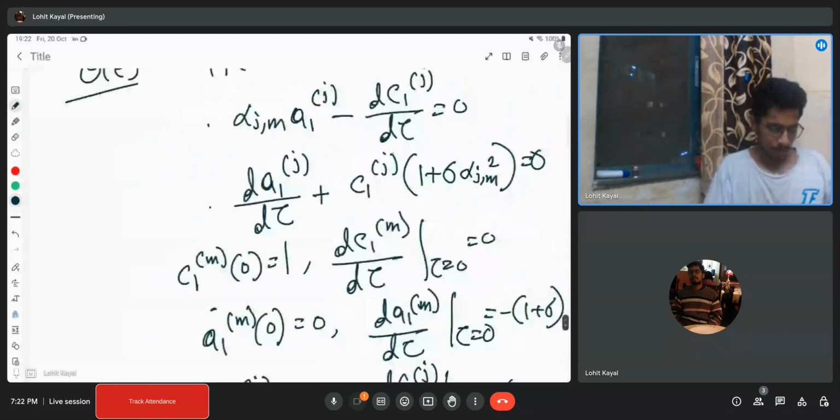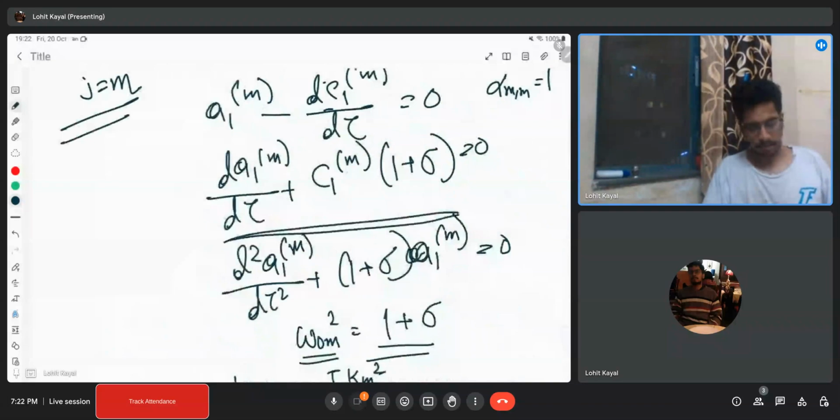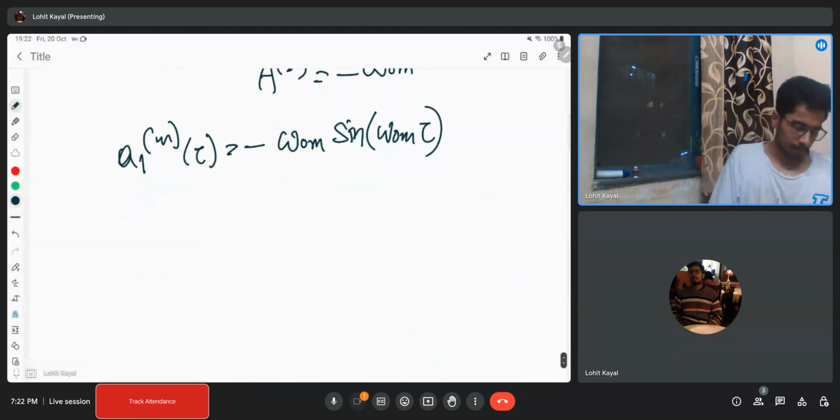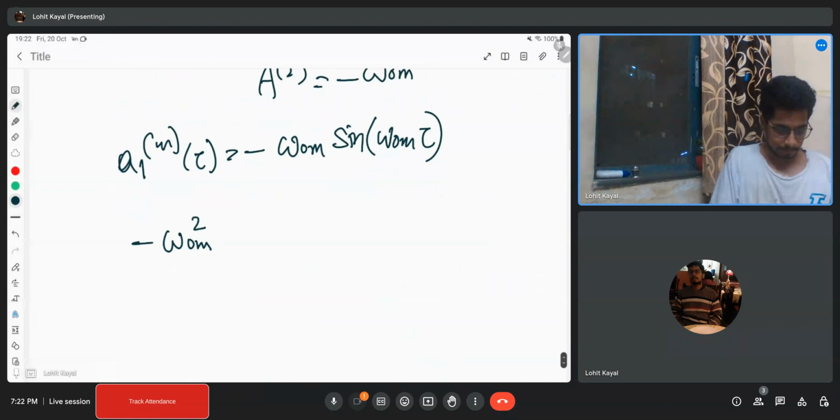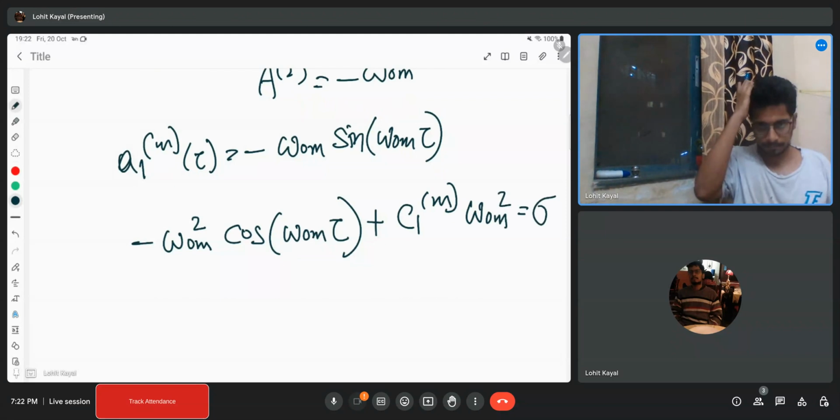If I substitute this in this equation, dA1/dτ, then I will directly get an expression for C1m. So let us do that. So I will get minus ω0m square cos ω0m τ plus C1m ω0m square is equal to sigma.